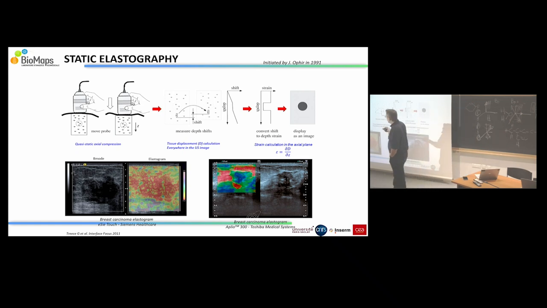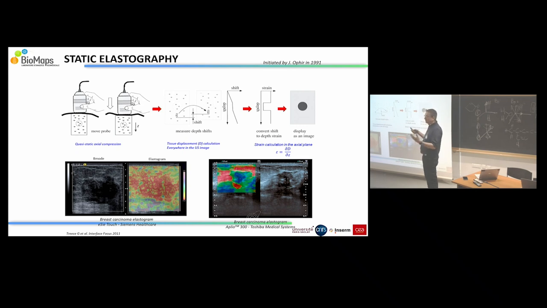So he said, oh, I can have an image before compression, I can have an image after compression, and if I do a calculation between both images, I can like this retrieve the displacement into the image before and after the compression. And if I take the derivative of that, I have the strain.